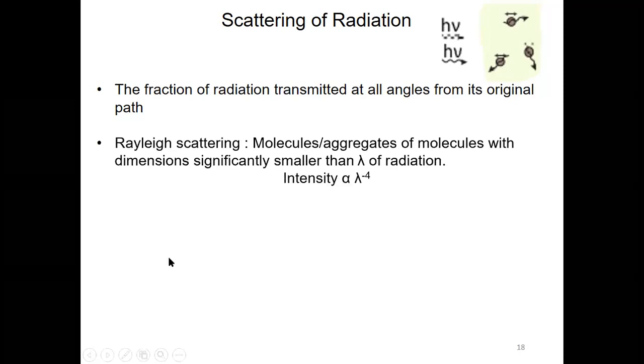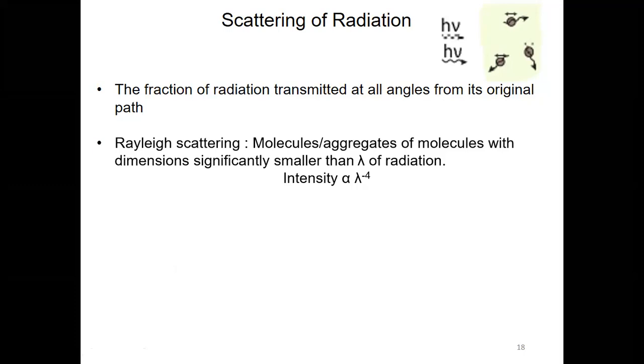And there are different types of scattering. Rayleigh scattering is one. Rayleigh scattering happens when there are molecules or aggregates of molecules with dimensions significantly smaller than the wavelength, lambda, of the radiation.